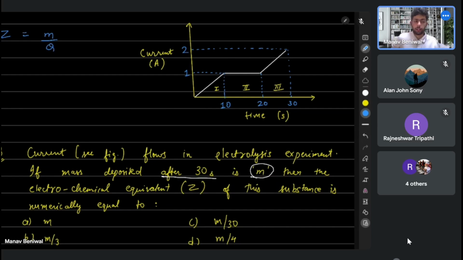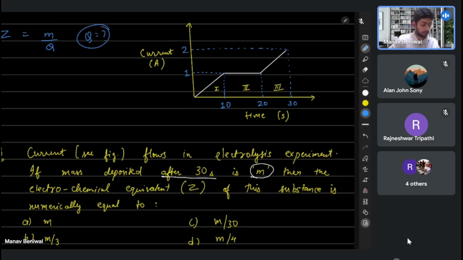If q amount of charge flows and it deposits mass m, then m over q gives us the electrochemical equivalent of the substance. Correct? Now here the mass m is given, and what we need to find out is the value of q. We do not know what this q is.